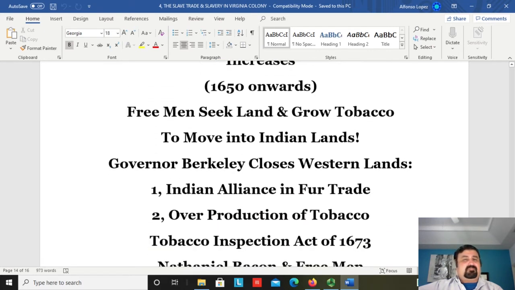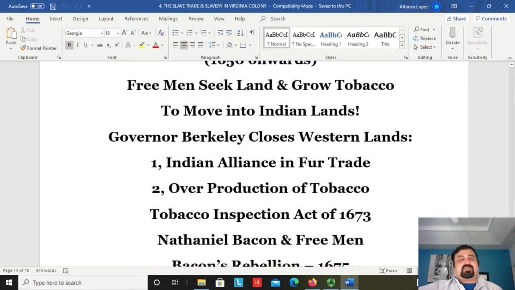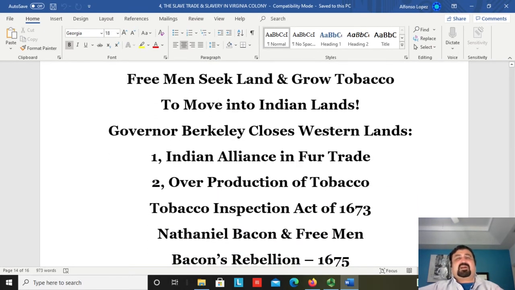More people move into the interior of the colony, they grow tobacco, they work for 7 years, and then they're released. They become what, back in this time, are called the free men. Okay, so there's a new social group on the rise. The free men, they're called.